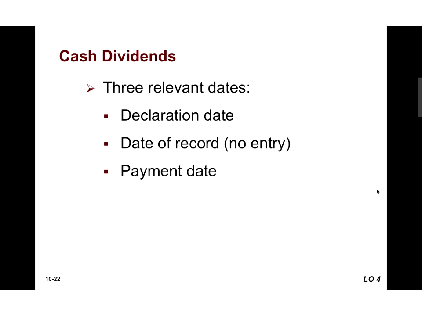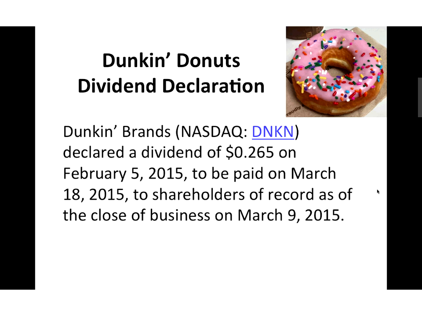So let me show you a recent example. Dunkin' Donuts. Dunkin' Donuts declared a dividend of 0.265, so 26.5 cents, on February 5th, 2015. So February 5th this year, their board of directors met, and said, we are going to pay 26.5 cents for every share of Dunkin' Donuts stock that people have.